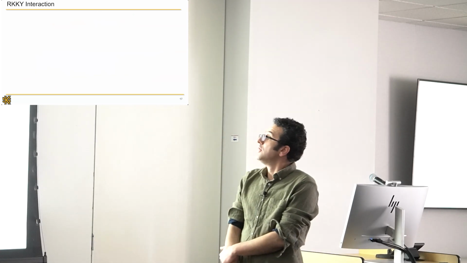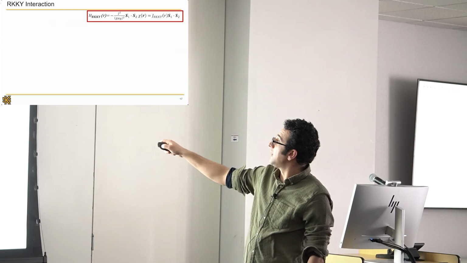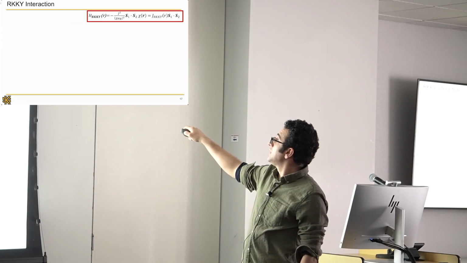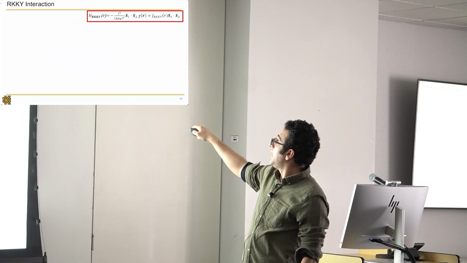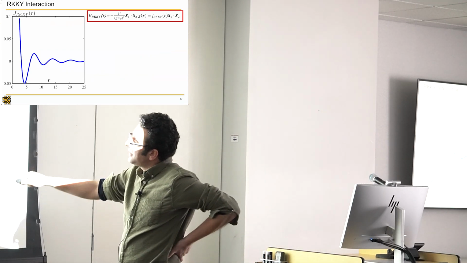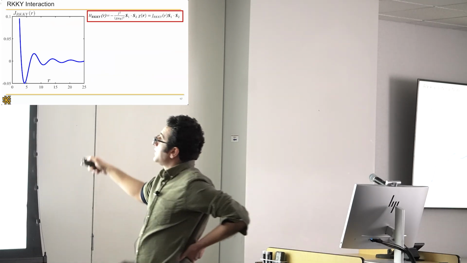So that means that I can define the RKKY interaction through the magnetic exchange coupling, I make it a function of R, and if I plot this magnetic exchange coupling, I see that it starts at a maximum and then it oscillates. But what's the meaning of this?